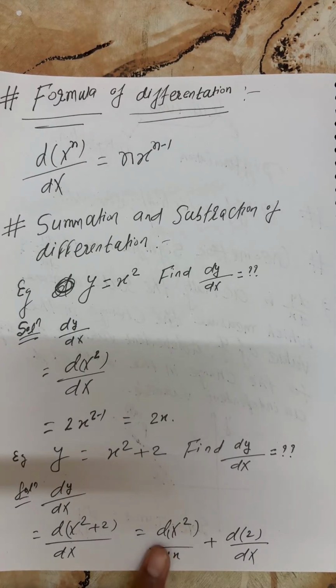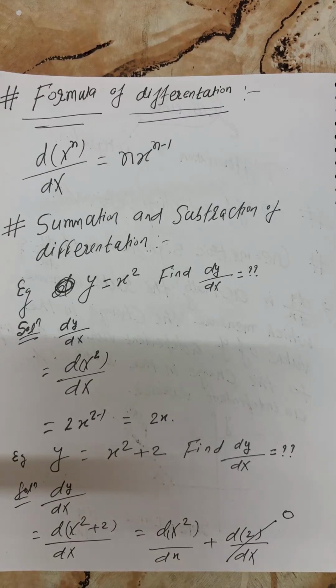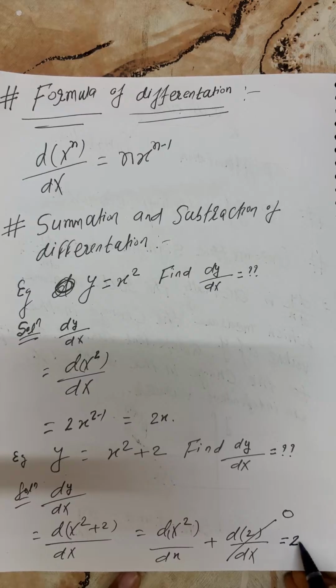For x square, apply the formula: 2 into x to the power n minus 1. So this is 2x plus 0. Beta, differentiation of any constant term is always 0, right? So ultimately, the differentiation of x square plus 2 is 2x only. Just keep this in your mind, beta.